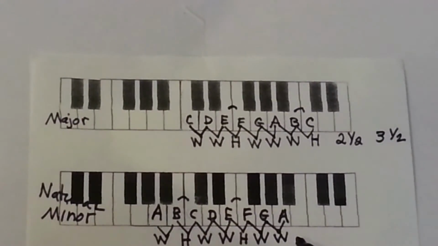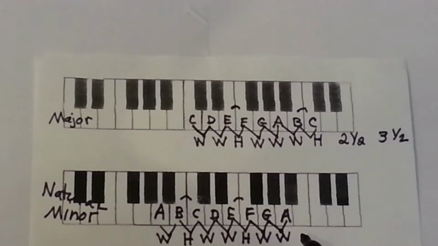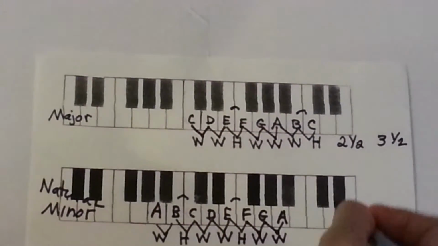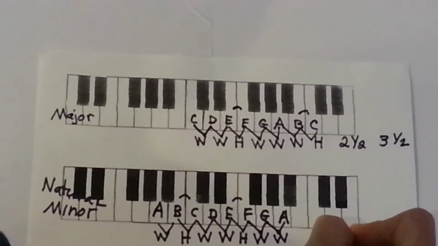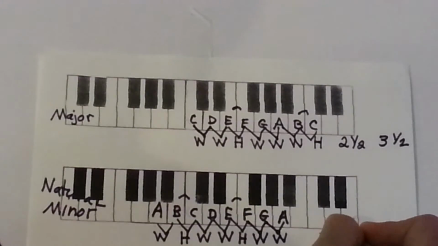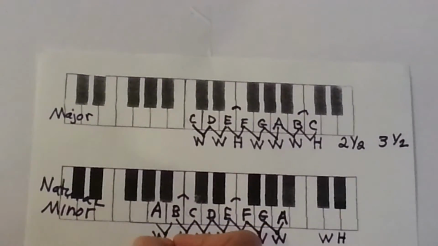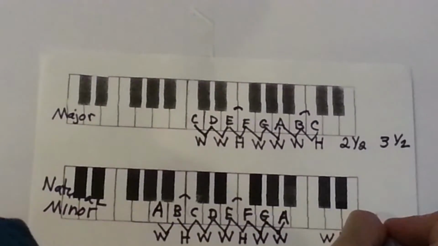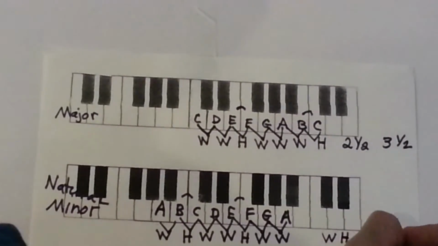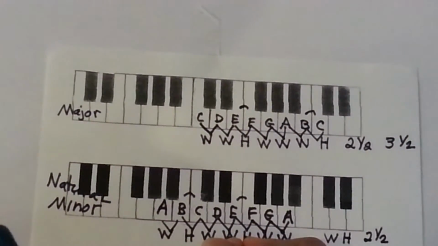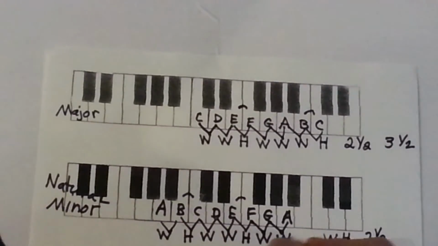You might say whole, half, one of each, whole and half, and then 2.5, and 2.